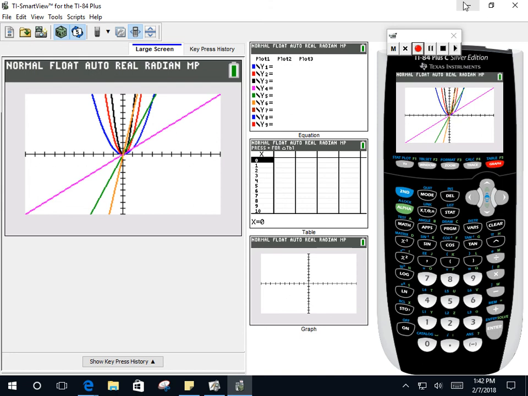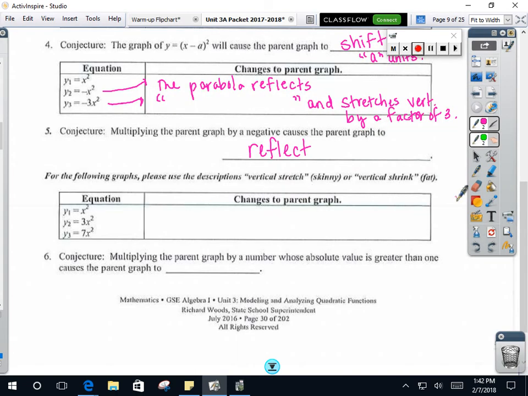Okay, so on your paper, you will write that this one was a vertical stretch by a factor of 3. And then for this one, it was also a vertical stretch by a factor of 7.